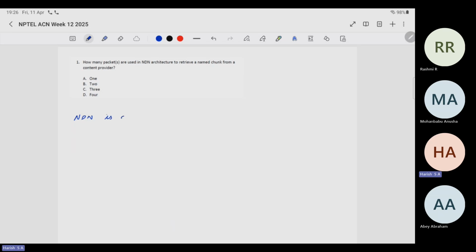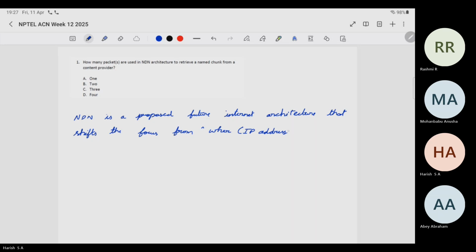NDN is a proposed future internet architecture that shifts the focus from where, which is basically, let's say, just the IP address, to what.